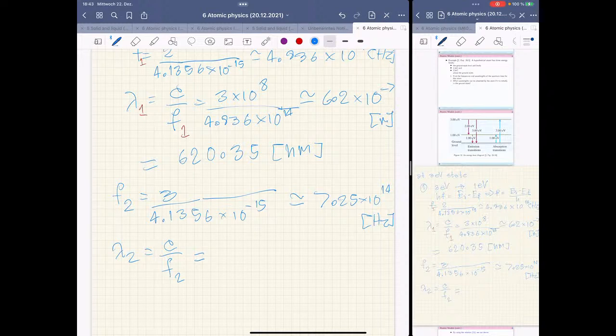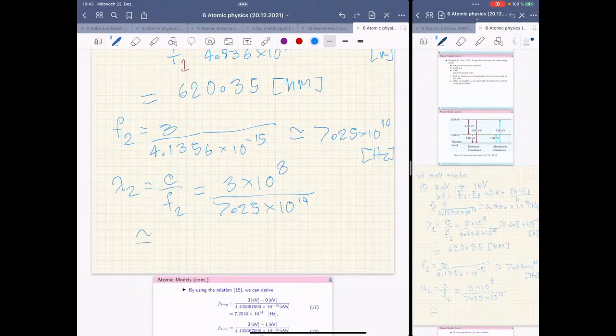That's 3 times 10 to 8 divided by 7.25 times 10 to 14, and yes, you get 4.1357 times 10 to negative 7 meter.